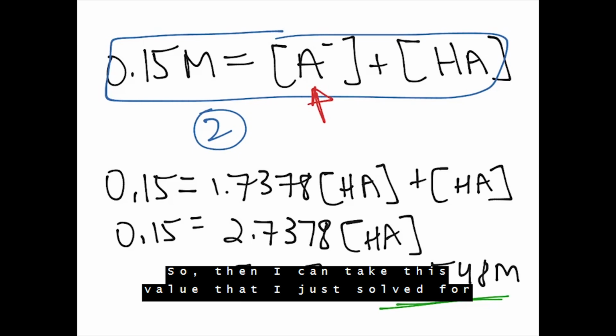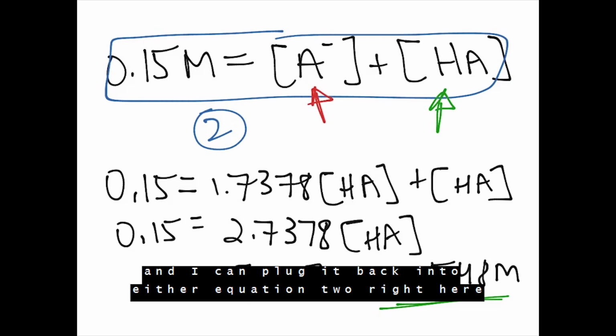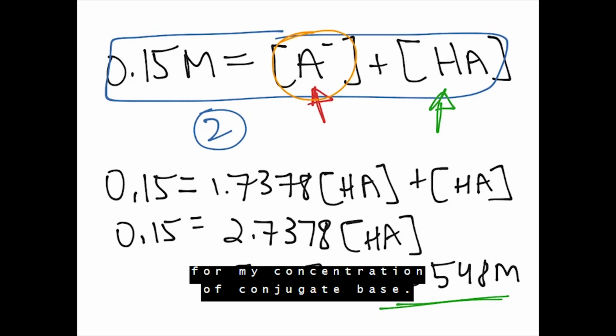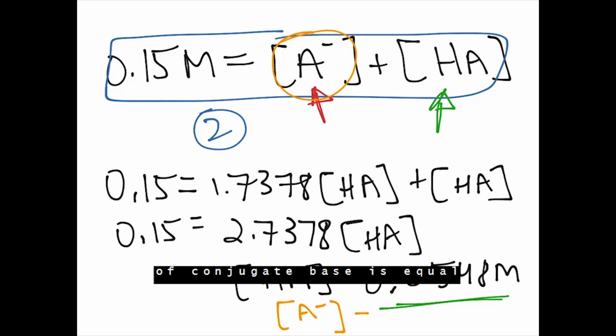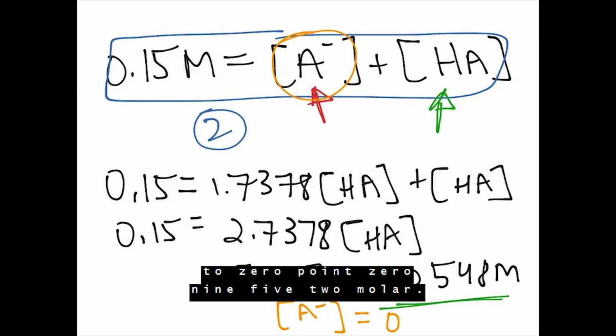So then I can take this value that I just solved for, and I can plug it back into either equation 2 right here, or I can use equation 1, and then I can solve now for my concentration of conjugate base. And if I do that, I get that the concentration of conjugate base is equal to 0.0952 molar.